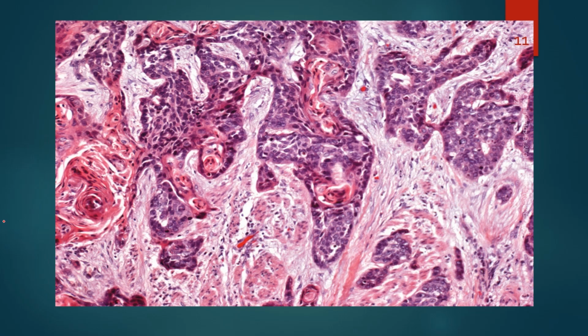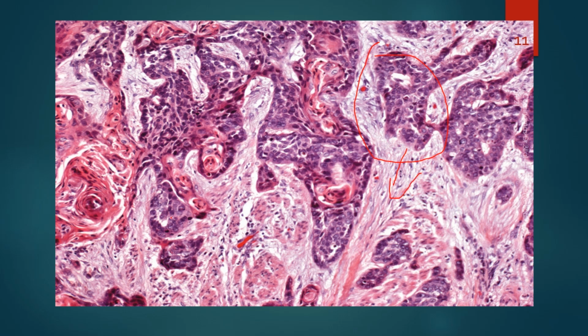Now this is a photomicrograph showing invading nests of cells of variable shapes. There's no distinct gland formation here. You can see a nest of cells invading into surrounding areas, like all of these.